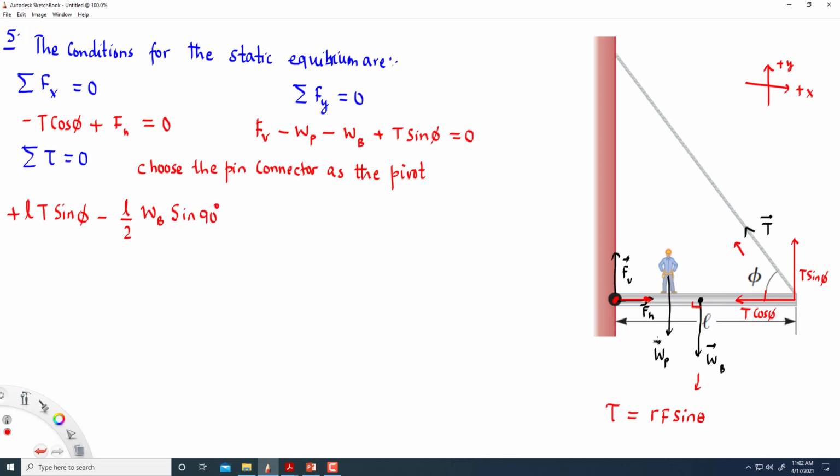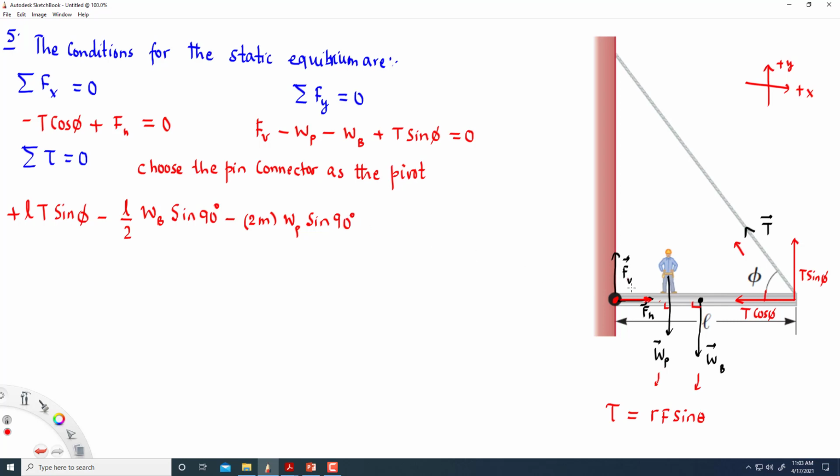Likewise, Wp also tends to produce clockwise rotation, so that's negative. The distance between Wp and the pivot is 2 meters, and the force is Wp, and also the angle between the force, which is down, and this distance is 90 degrees, sine 90 degrees.